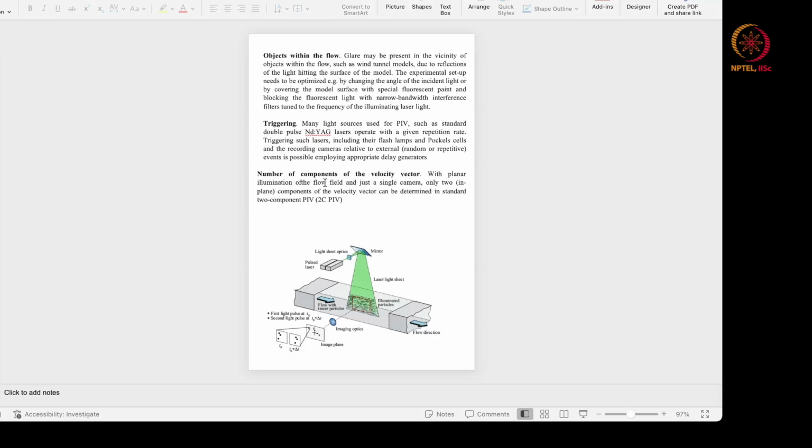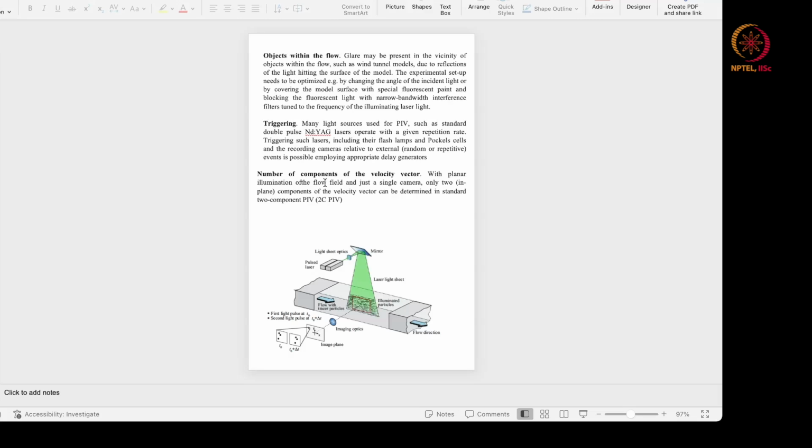So this can be tuned to the nanosecond, so that everything is in sync, because you want the laser light to come and the camera should also open at the same time. So everything needs to be synchronized like that.